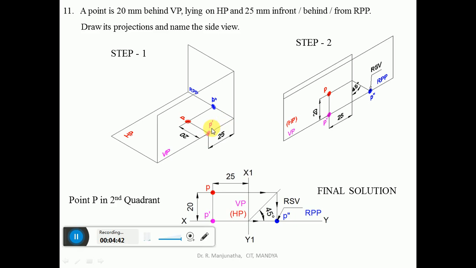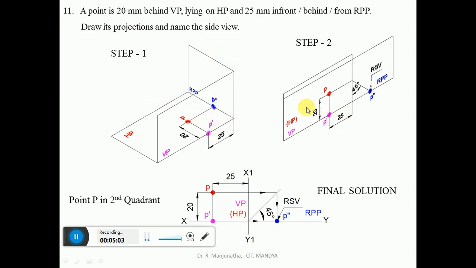So from the right side view, we can see both distances, the front view distance as well as the top view distance. Here the front view distance is on the XY line. So you project directly onto the profile plane, and where you have the front view, on that line you will get the side view when it is rotated.